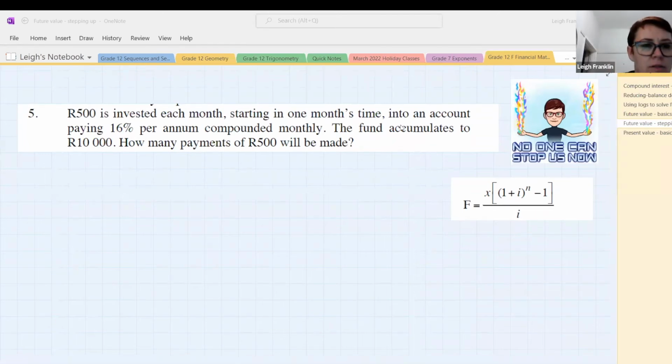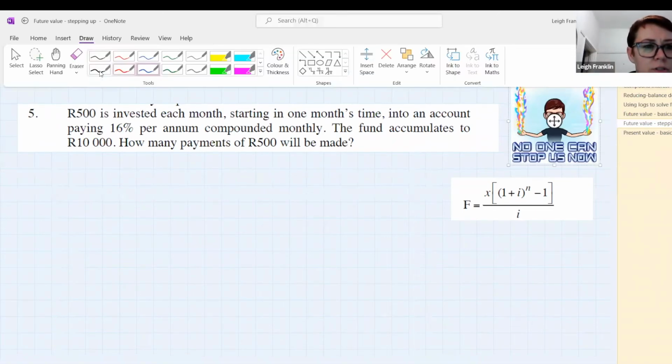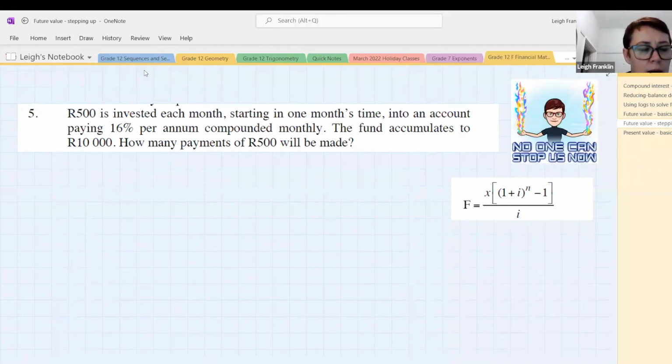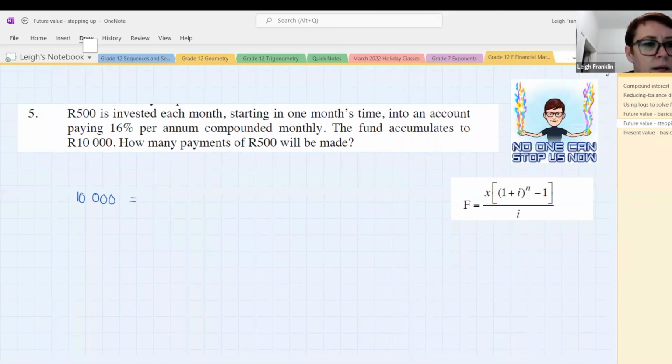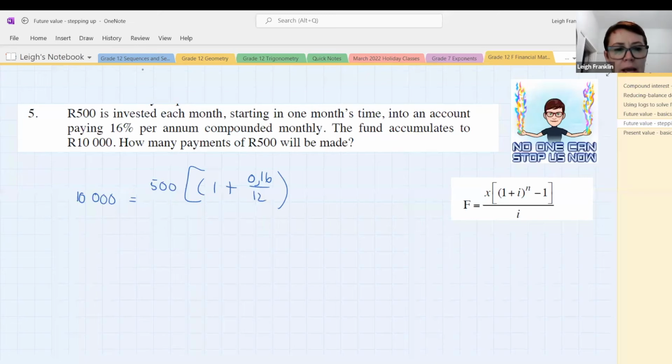So this is how I answered the question. Now that you're all putting answers up, I'll just slowly work through my own. So using the future value formula, because it is a savings. So the future value is 10,000 Rand, and 500 Rand is invested each month. 1 plus our interest rate, which is 0.16 divided by 12, to the power N, which is what we want to calculate, minus 1.